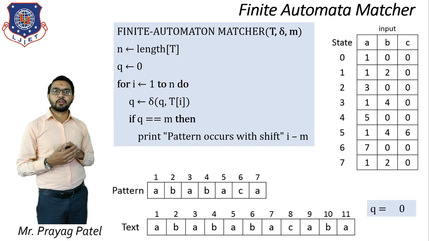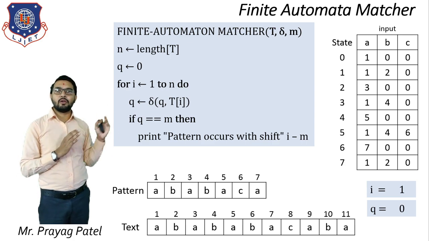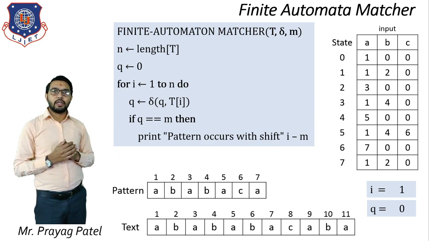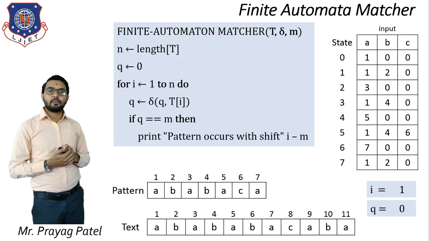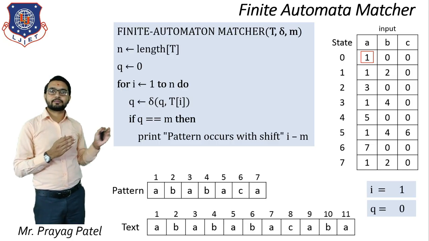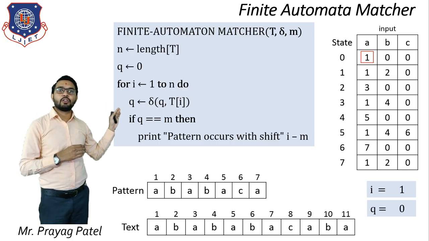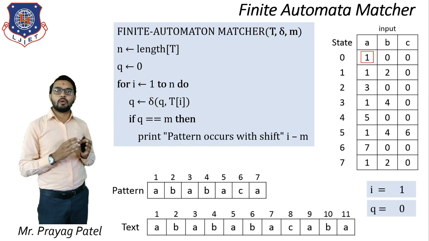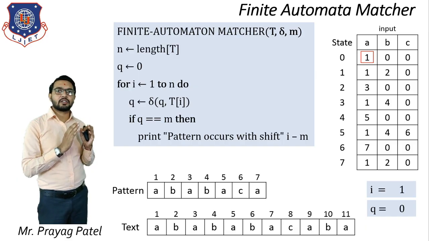Now initially consider Q equal to 0. Then consider I equal to 1, because for I equal to 1 to N, do the following things. So initially consider I equal to 1. Now one by one the process is executed here. Remember this function, as we execute it many times: Q equal to delta of Q, T of I, where Q is the state and T of I is the text element.